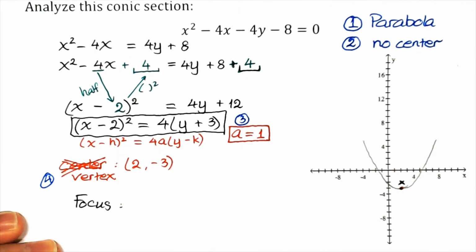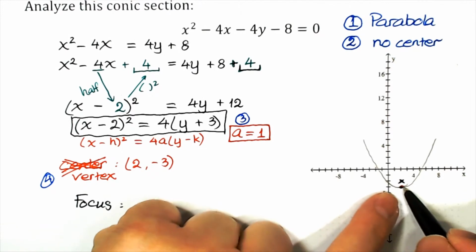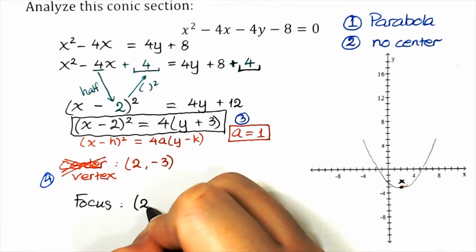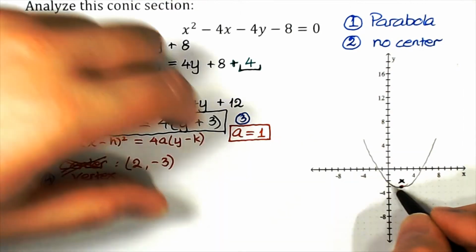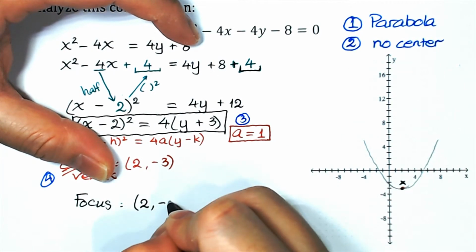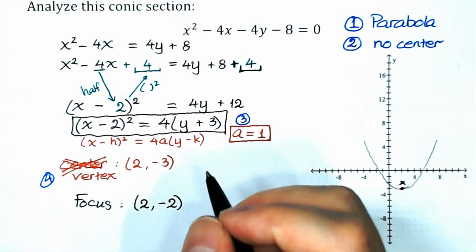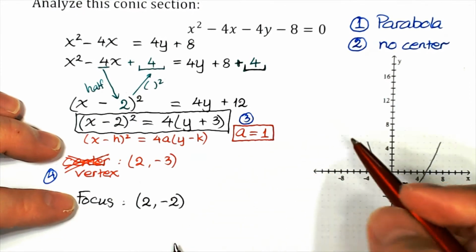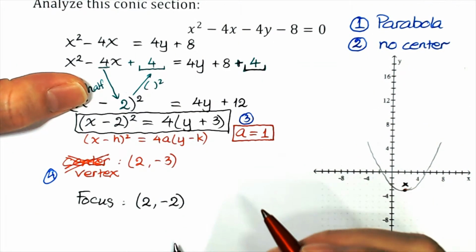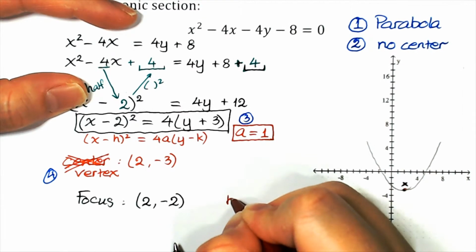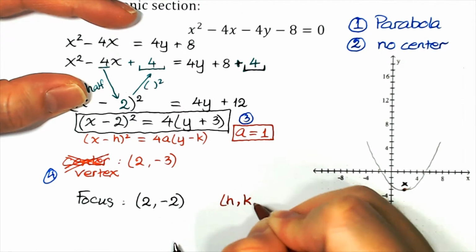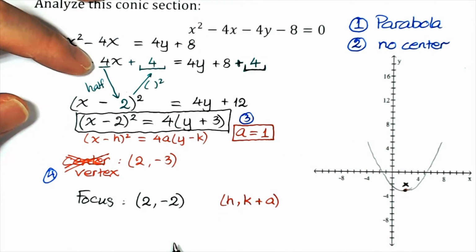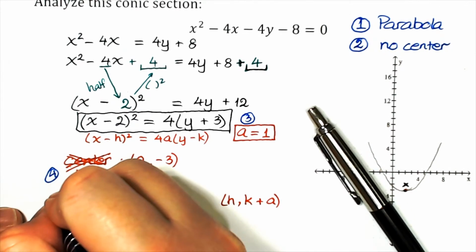Since we go up and down, the x component is going to stay the same, which is 2, and we go up 1 unit, so this is going to be negative 2. So that is the focus. In general, the formula for the focus of a vertical parabola is going to be h, and then k plus a. That gives us the focus, number 5.